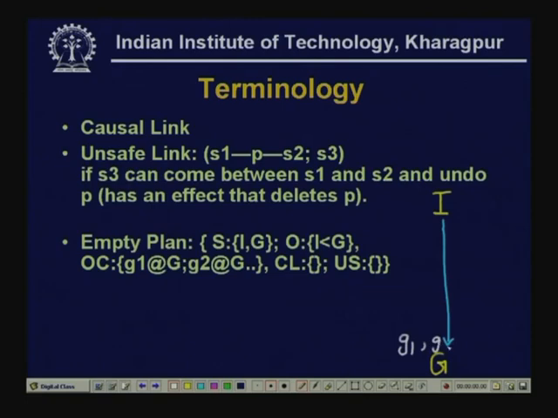So, G1 and G2 are the open preconditions that must be satisfied at G. In the initial plan, there are no causal links and there are no unsafe links, but this plan is not complete because G1 and G2 are the open preconditions.